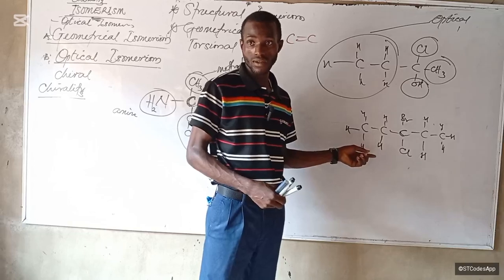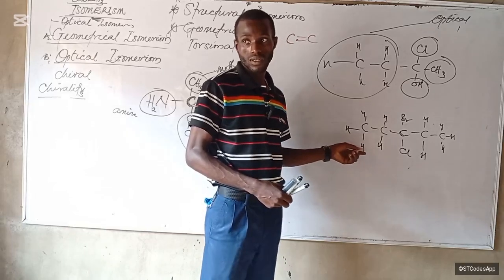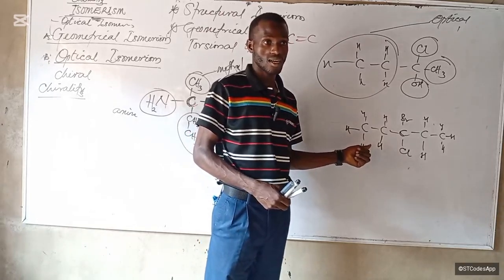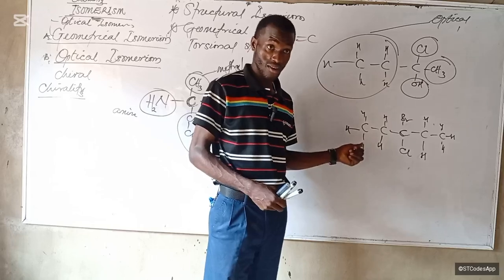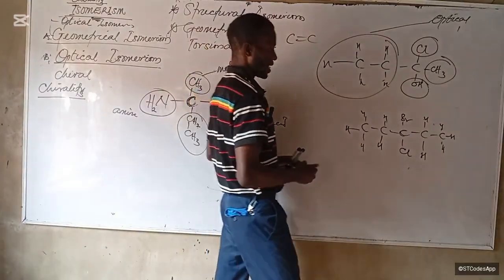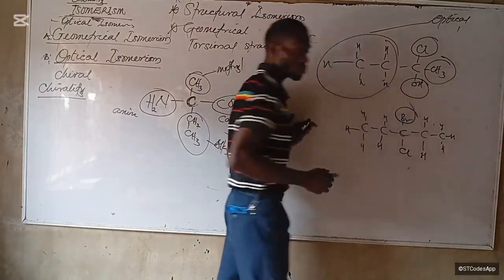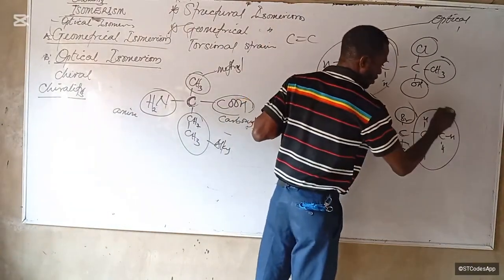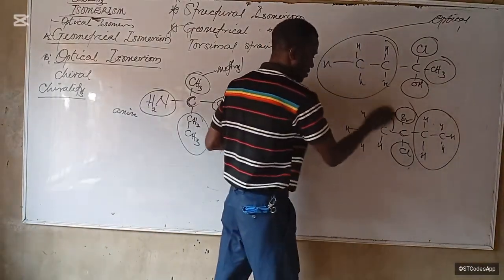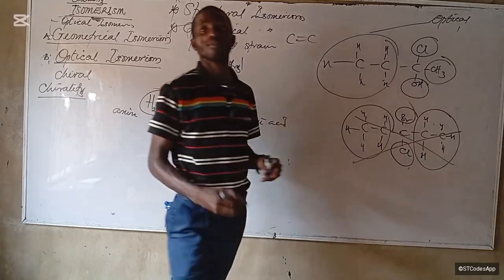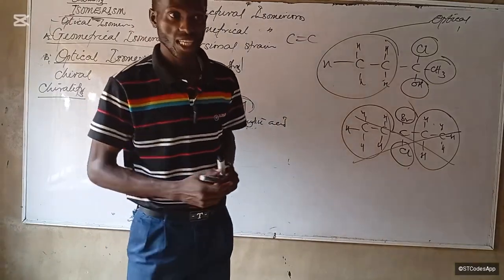Is it chiral, Esther? Okay, let's see. We have different groups: bromo, chloro, C2H5, ethyl, C2H5. So it's non-chiral. Do you get it? It's non-chiral.